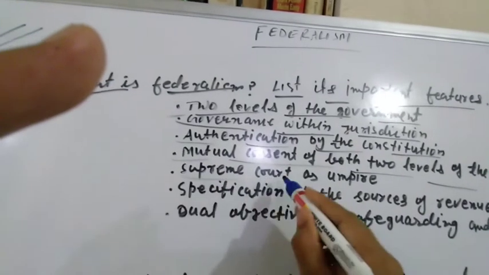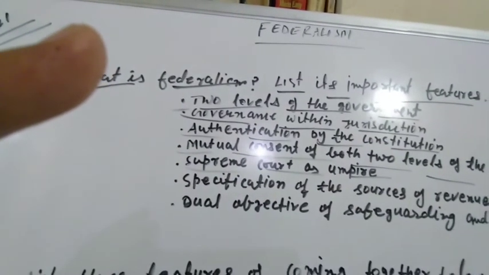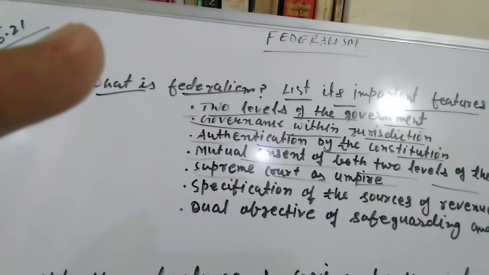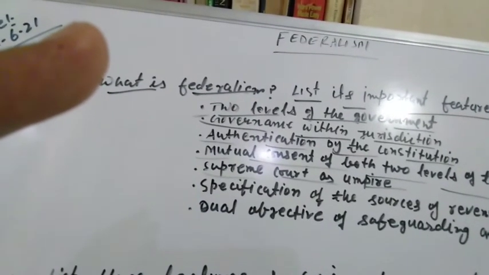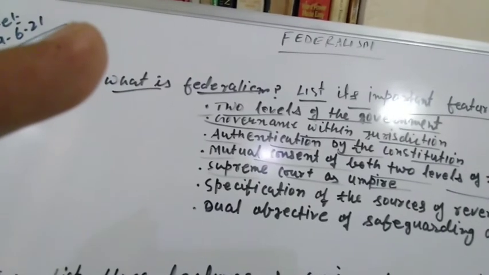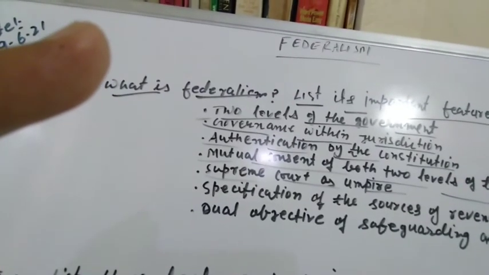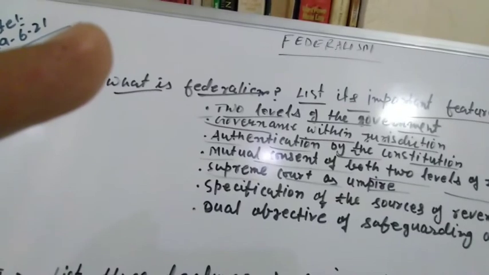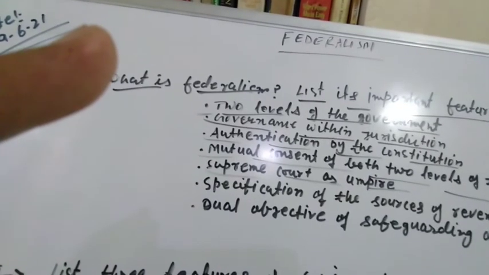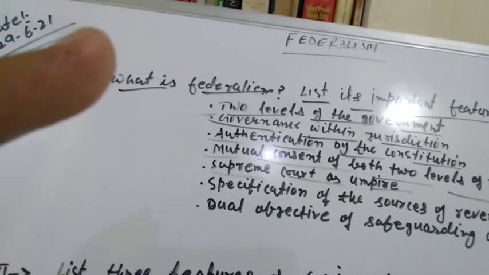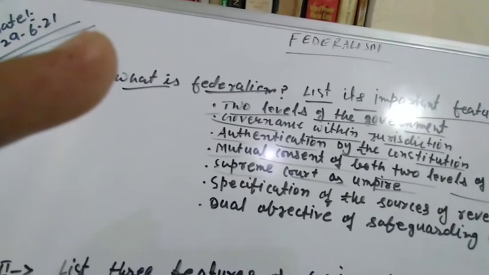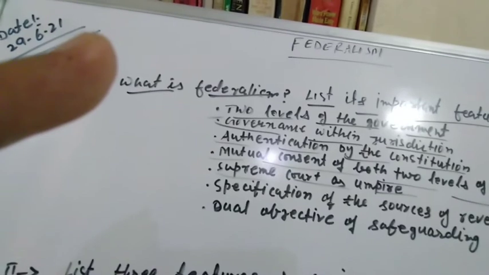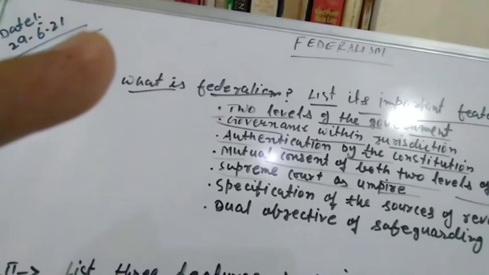Next point is Supreme Court as umpire. In a federal country, Supreme Court acts as umpire, and has the right to explain and interpret the constitution. Apart from that, if any issue comes up between state government and central government, it is the responsibility of Supreme Court to resolve issues between these two levels of government.